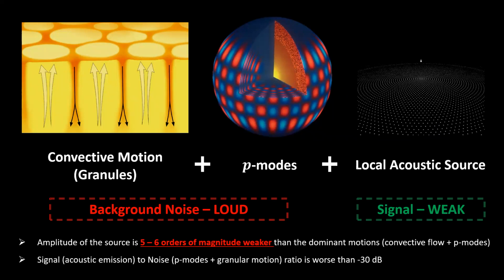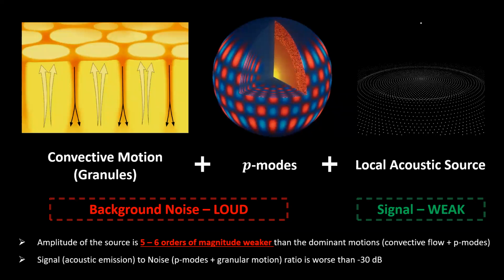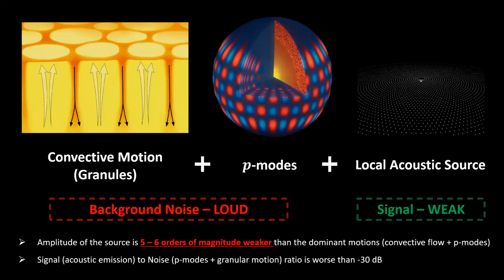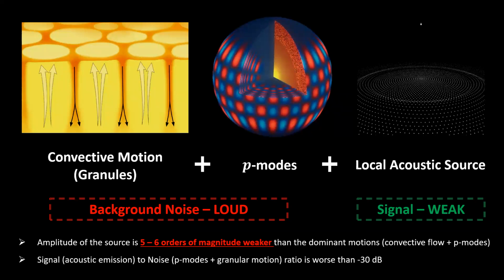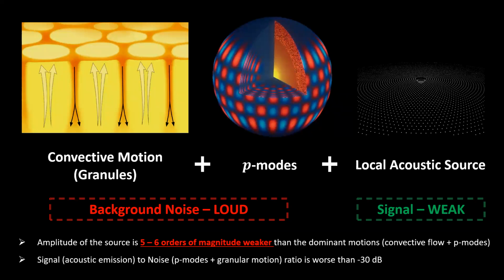They are really loud, with 4 to 6 orders of magnitude higher amplitude perturbation. And our local acoustic source is a signal that is extremely weak. You can think of it as trying to talk in a stadium and trying to pick out what an individual person is saying, right? It would be extremely difficult to hear.